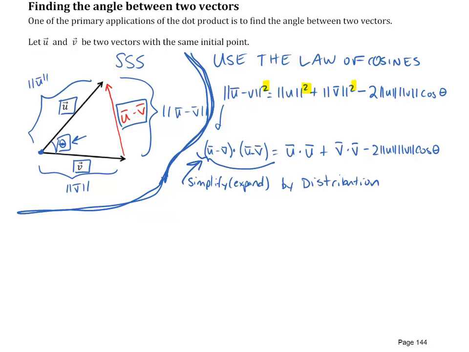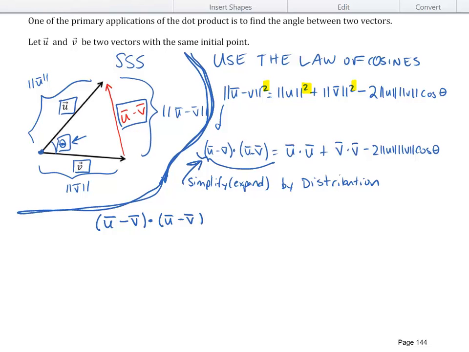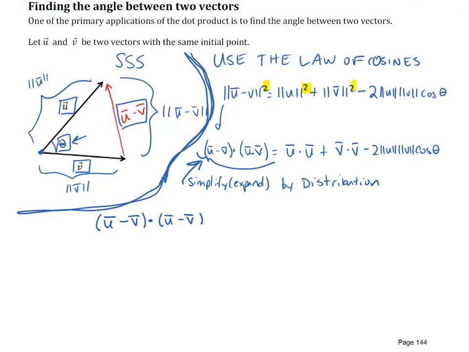Since there is a distribution property for dot products, then I can say u minus v dot u minus v will behave just like a binomial problem, in that you can take u dot u, minus u dot v, minus v dot u, and minus times minus is a plus.